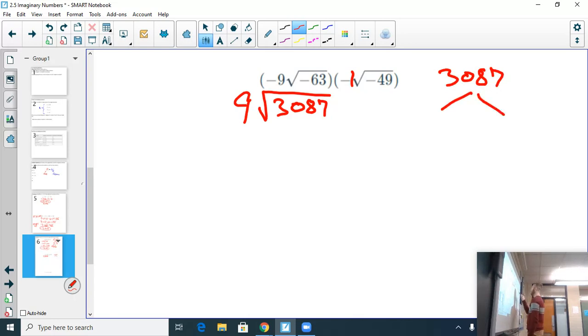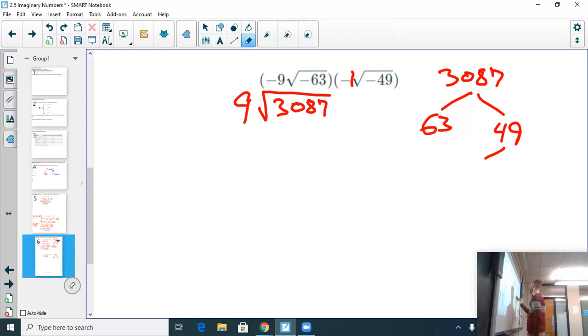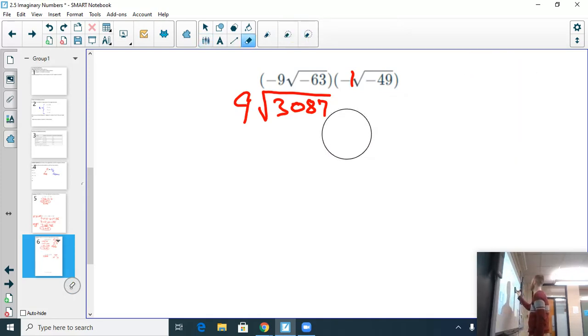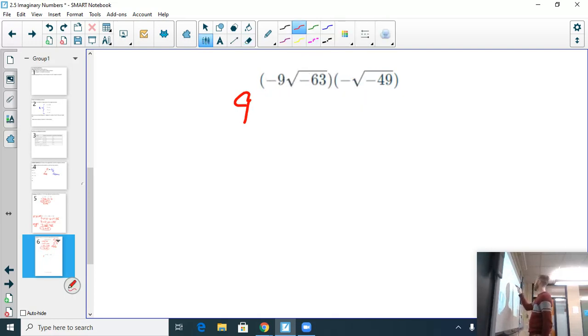To get that, I multiplied 63 and 49. Or you know what might even be nicer? Screw this. Go back. So we have 9 and then times square root of negative 63 times the square root of negative 49.